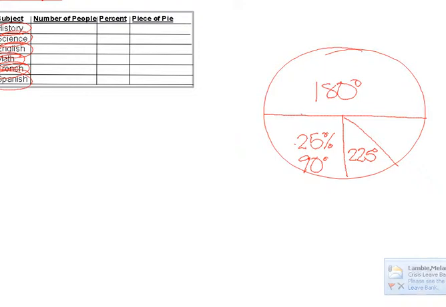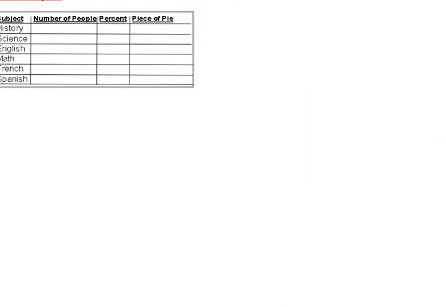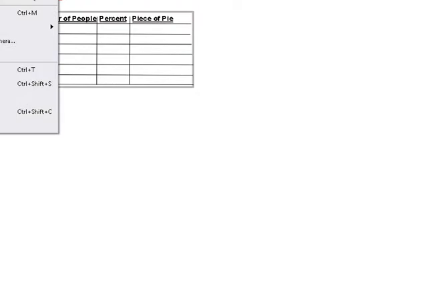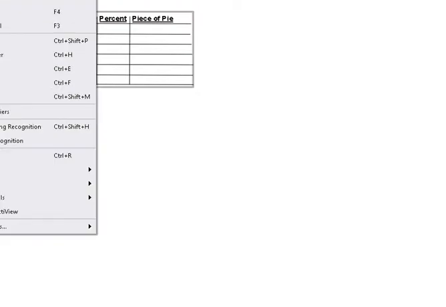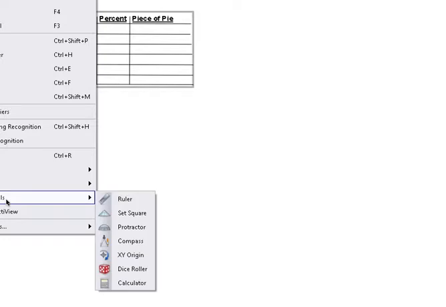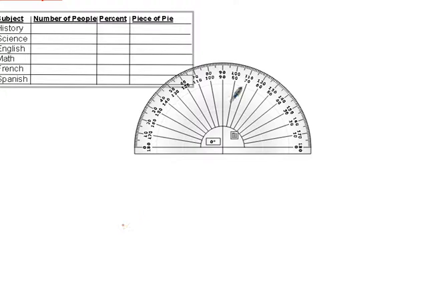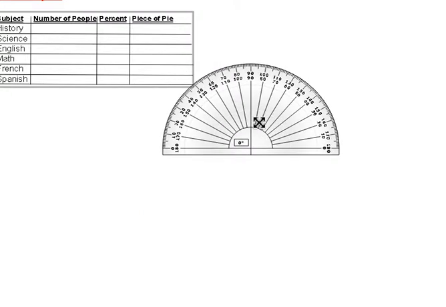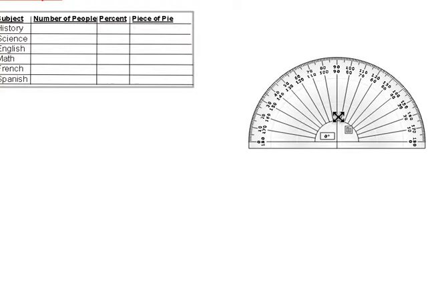So we're going to use exact measurements and a protractor to do this. A protractor has been evenly measured for us so that we know where 0 degrees is.